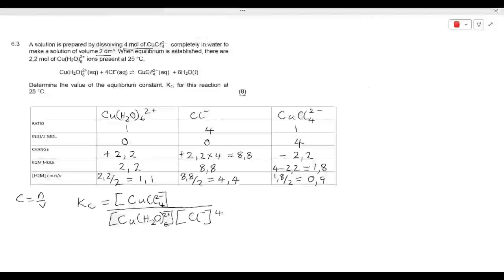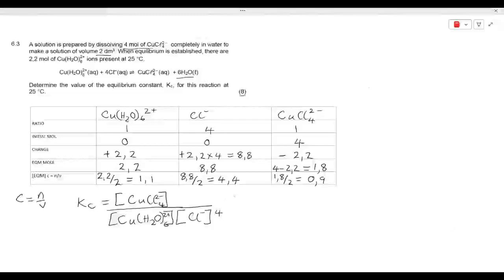You will notice here we are not including the water in our expression, because when we write the Kc, we only look at the aqueous and not the liquid.